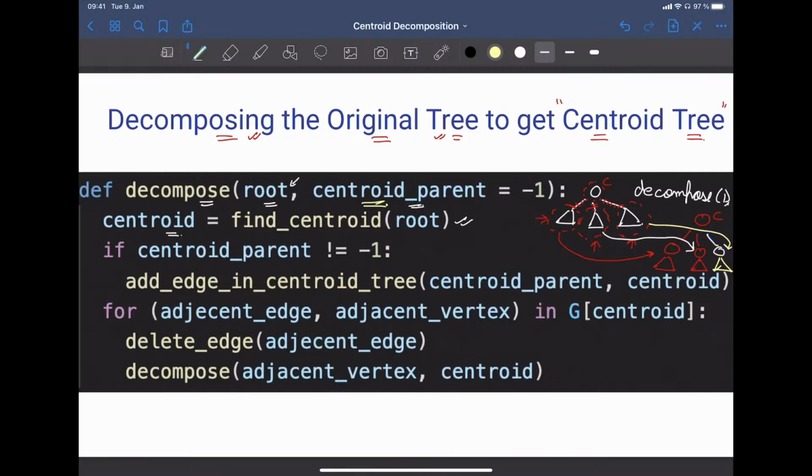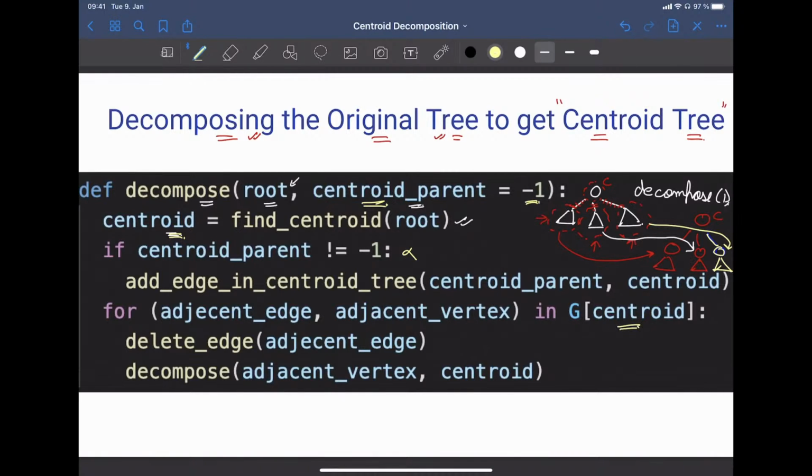Originally I'm talking about the whole tree, so the centroid parent is -1. But suppose I have found a centroid now for my given tree. In the first iteration, the parent will be -1, so we don't enter this if condition, and then we iterate on all the adjacent edges and vertices of this centroid.